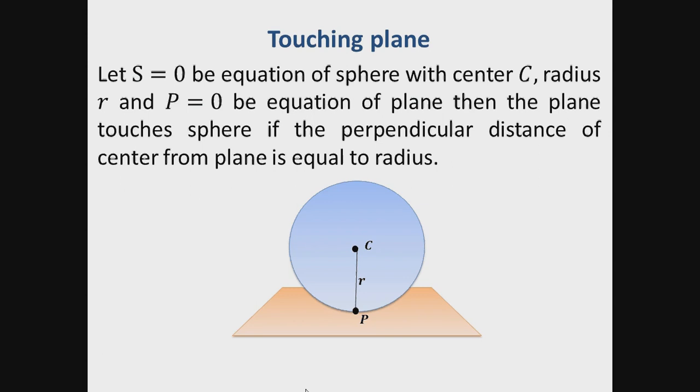Okay, suppose C is the center, R is the radius, then the perpendicular distance of C from the plane must be equal to the radius. If the perpendicular distance is less than R, then that plane will intercept the sphere. If it is equal to R, it will touch, and if it is greater than R, then they are not intercepting or touching.